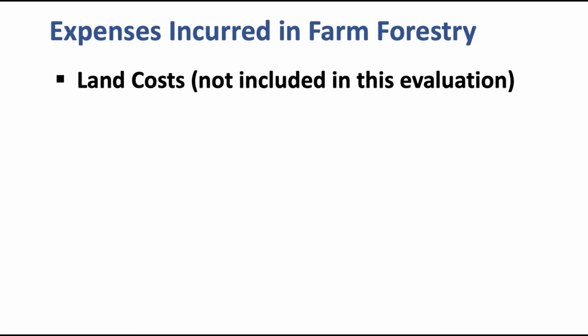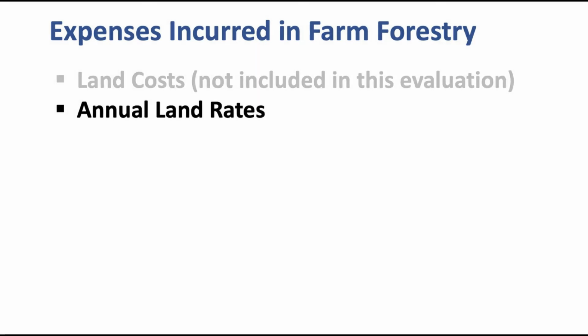Once the plantation is harvested, then one can sell the land. So it's not really a cost of the plantation itself. However, there are some land costs that are actual costs to the plantation, and that's things like the annual rates that are paid on that land.